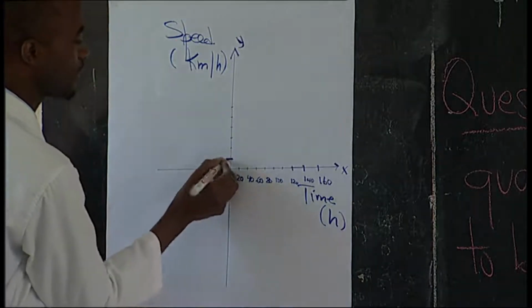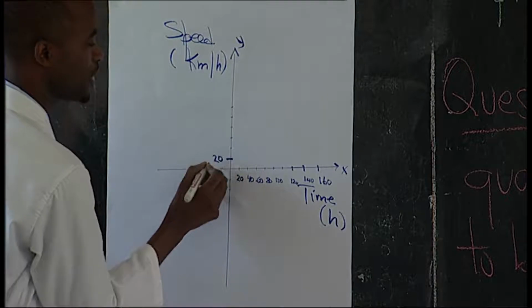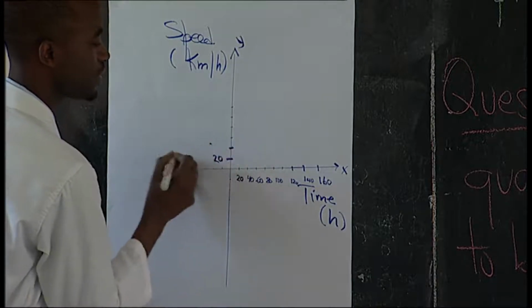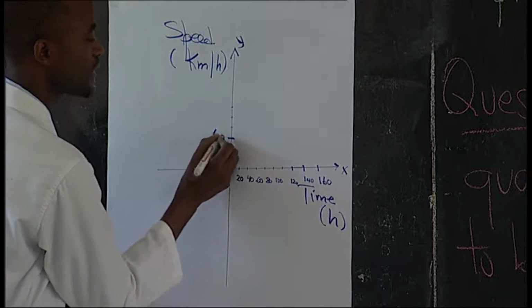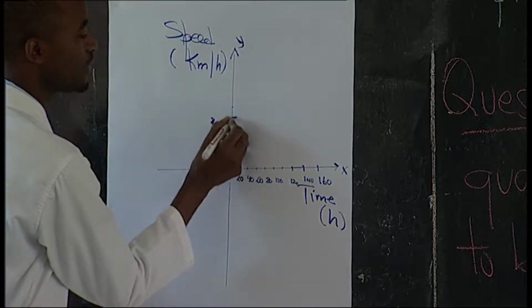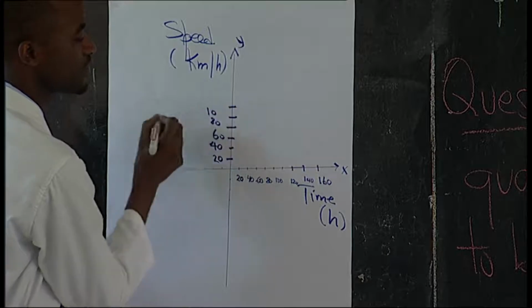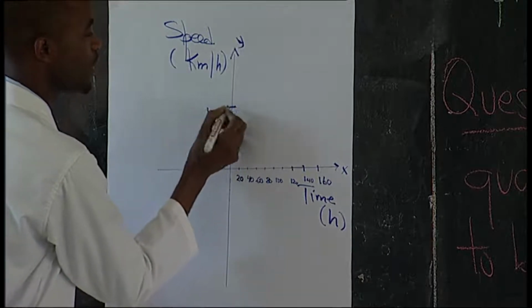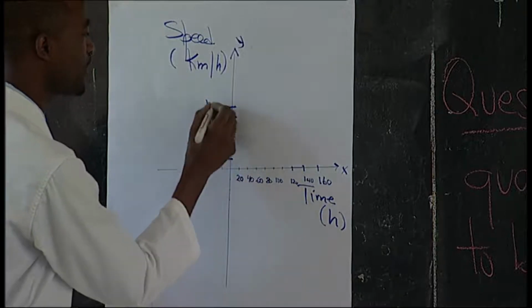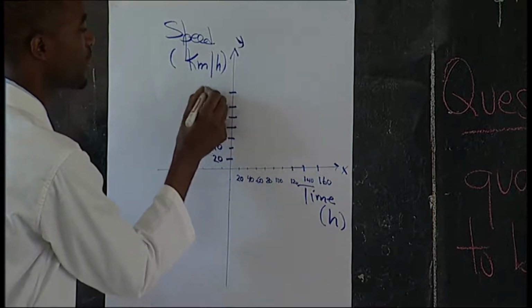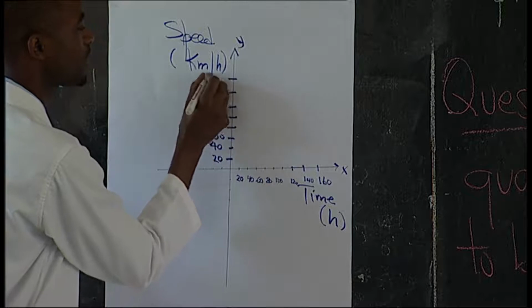It was supposed to be here, sorry. This is 20, 40, 60, 80, 100, 120, 140, 160.